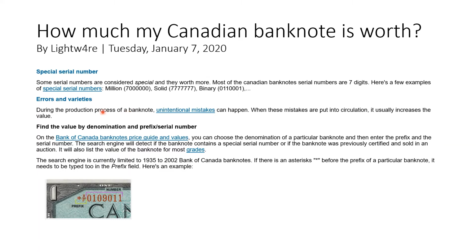So previous slide we talked about the rarities, and one being special serial numbers. The serial number can be different random sequences of numbers that can make interesting finds, and we'll go through some of the different combinations of serial numbers that can make your note worth a little bit of money.